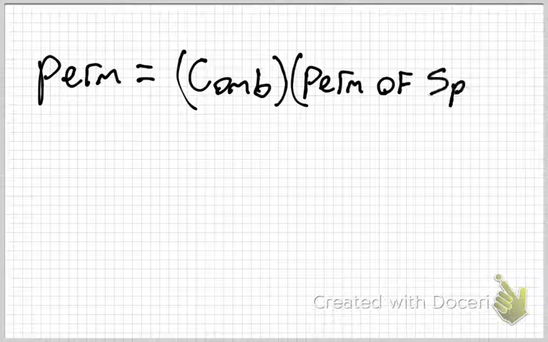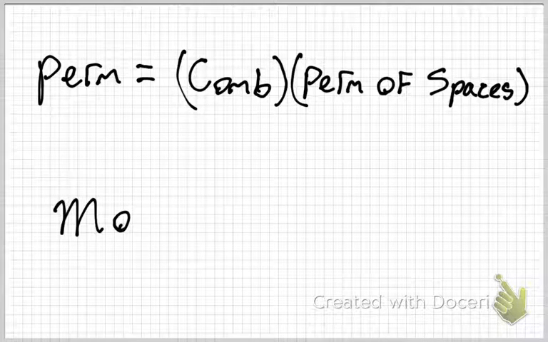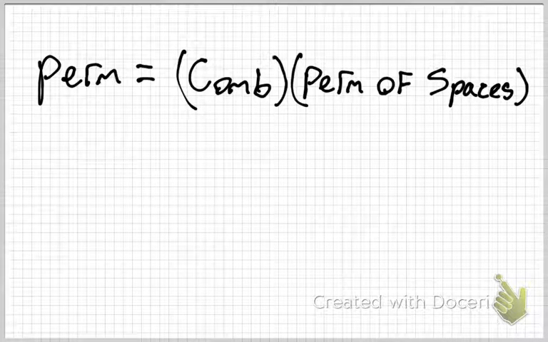Here is the relationship between permutations and combinations. Notice that the total number of permutations is equal to the total number of combinations times the number of permutations within a combination.